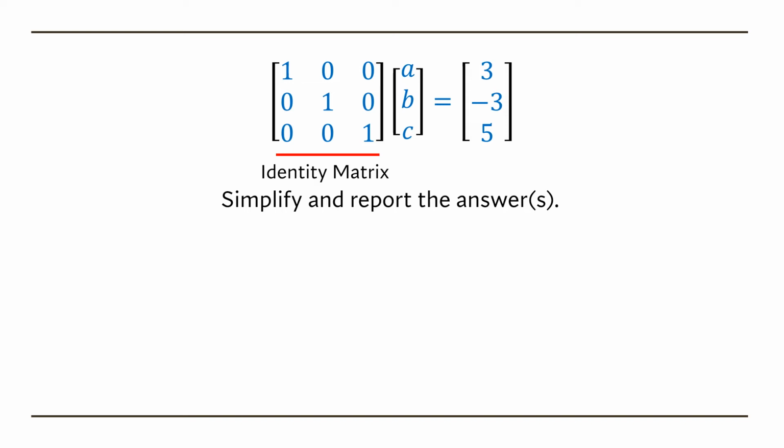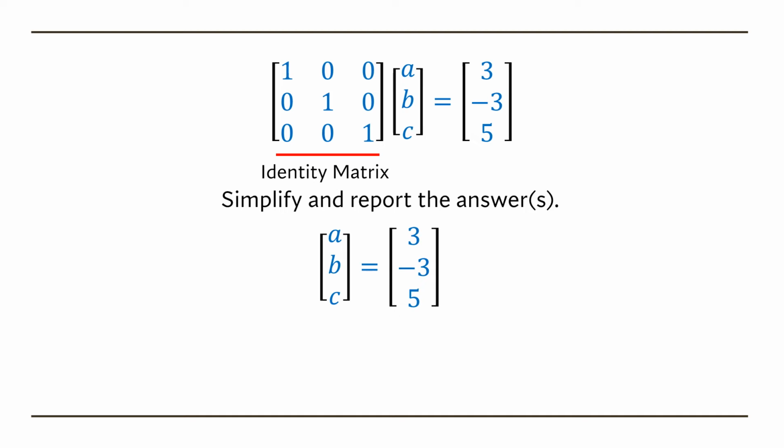And the nice thing about a multiplicative identity is that if you multiply it by something, you get that something. So indeed, if you have the identity matrix times that column vector ABC, you will get ABC. Pretty simple.